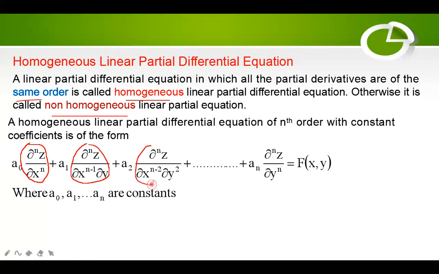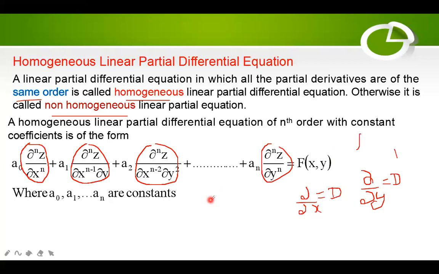Now, how to find the solution of this partial differential equation? Here a0, a1, a2 and so on are constants. We substitute partial with respect to x as capital D, and partial with respect to y as D dash, and write it in operator form, that is f of D, D dash equal to capital F of x comma y.